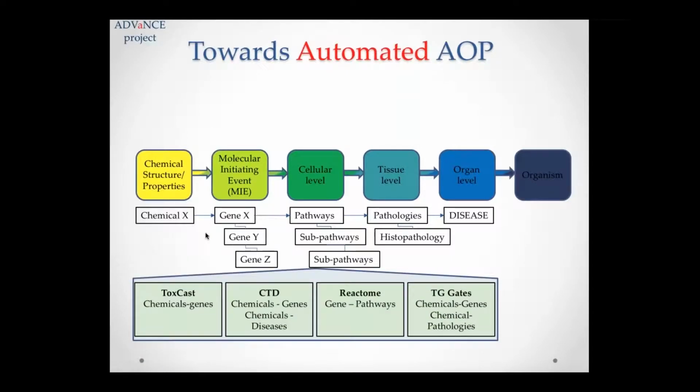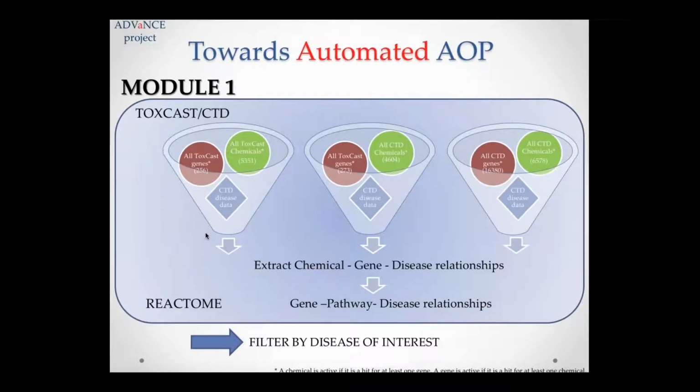We try to gather information from 4 different databases: ToxCast, CTD, Reactome, and TGGates. And we developed 2 modules. In the first module, we gathered information from ToxCast and CTD and tried to extract relationships between chemicals, genes, and disease.